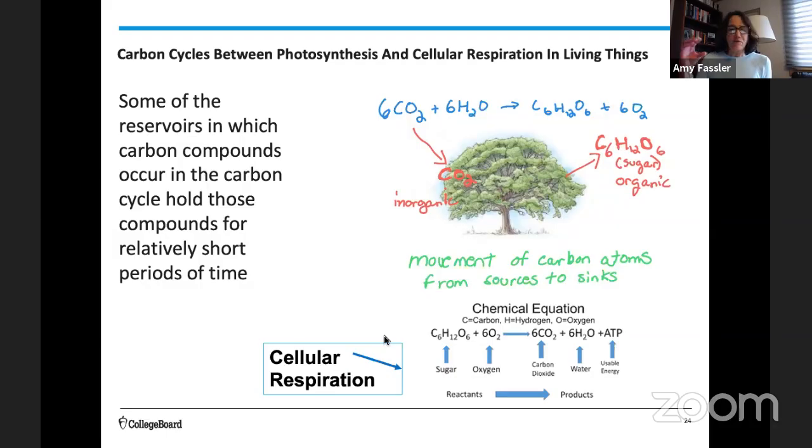So little bunny Foo-Foo is eating that plant, and it digests the sugars that that plant made, and it converts the sugar, the carbohydrate, back into carbon dioxide. And so remember that living things all need energy. So plants have to do that process of cellular respiration as well. You looked at that with the idea of gross and net primary productivity.